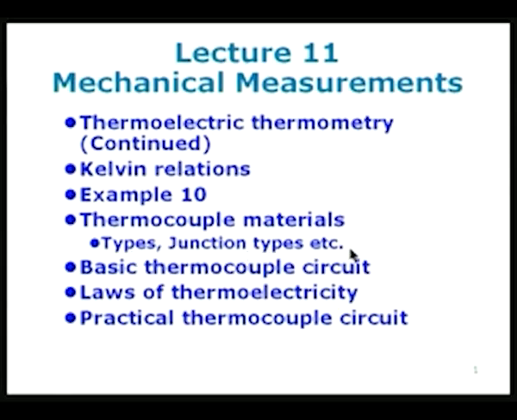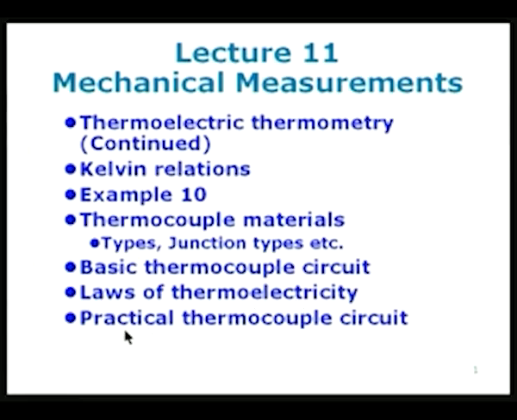These are all very practical aspects of thermocouple thermometry, and then we will also discuss, in relation to the fundamental thermoelectric laws we discussed in the last lecture, the basic thermocouple circuit and some of the practical aspects of thermocouple circuits, bringing in what we call the laws of thermoelectricity.